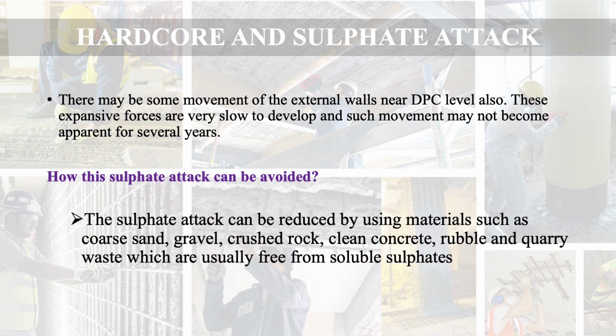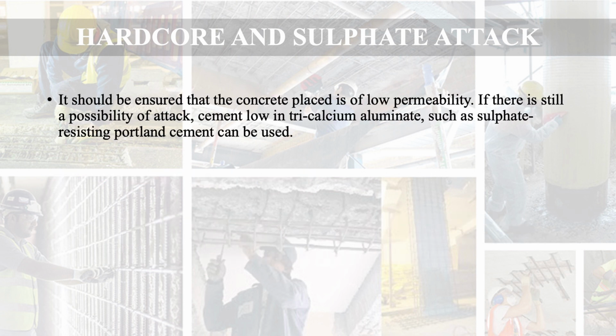How can this sulfate attack be avoided? The sulfate attack can be reduced by using materials such as coarse sand, gravel, crushed rock, clean concrete rubble and quarry waste, which are usually free from soluble sulfates. It should be ensured that the concrete placed is of low permeability, because if it is of low permeability, it will not allow the penetration of foreign material.